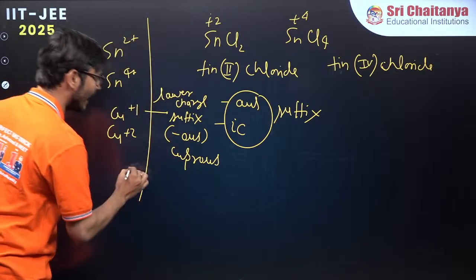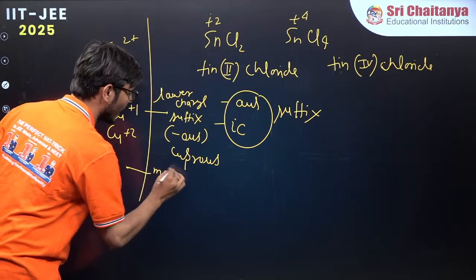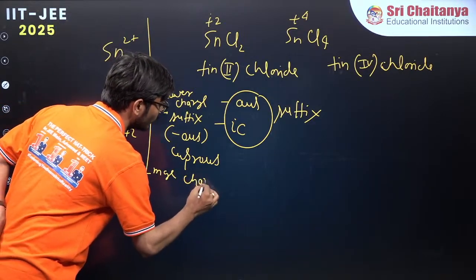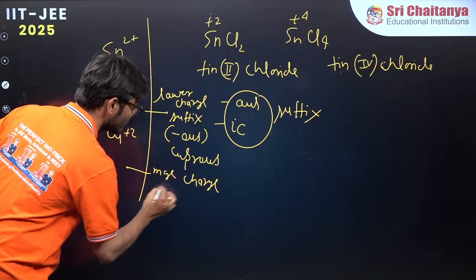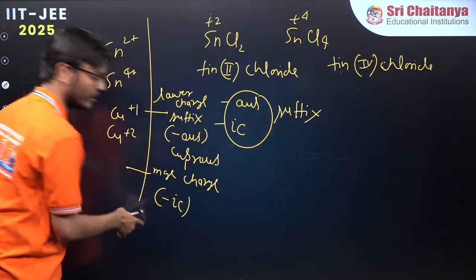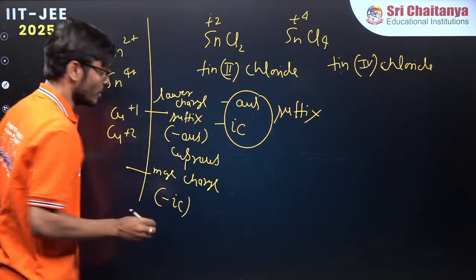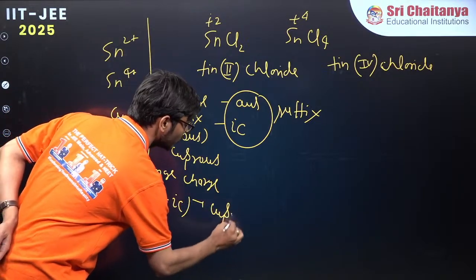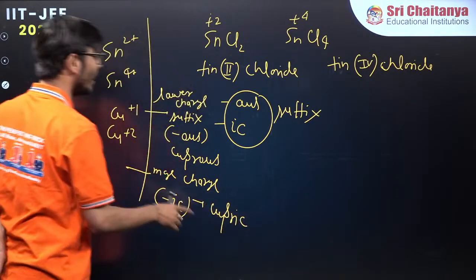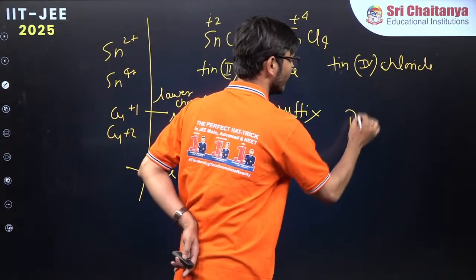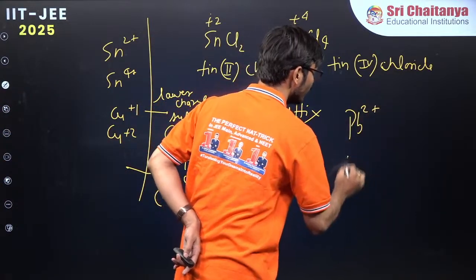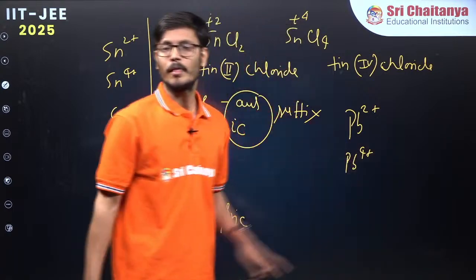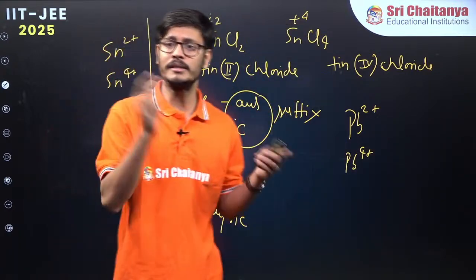And if the charge is more, for the same metal ion, please remember, more charge means the suffix will be ic. This is not stock nomenclature. So what will we write? Cupric. Similarly, you can write for lead also. Pb2+ and Pb4+.